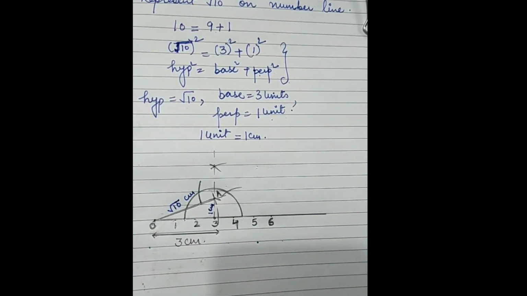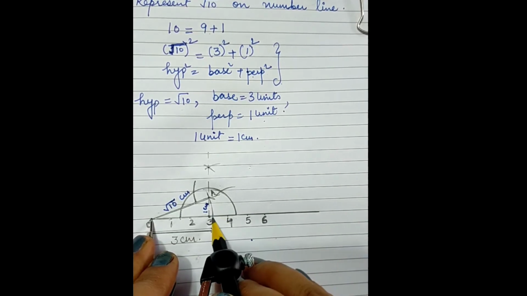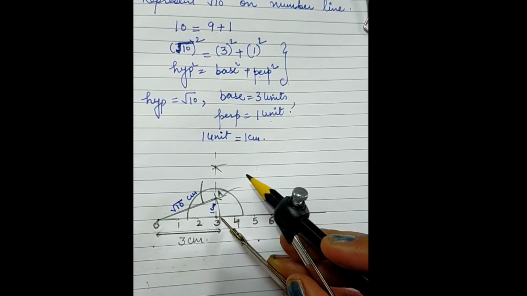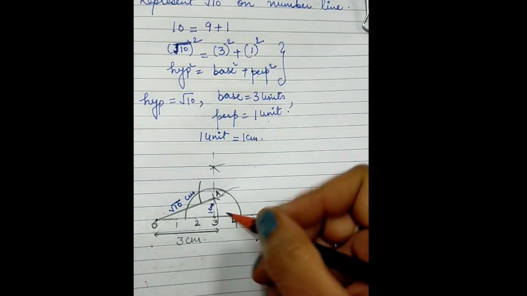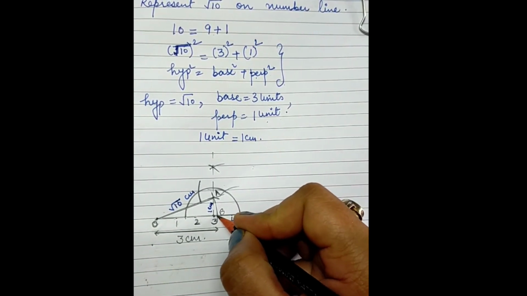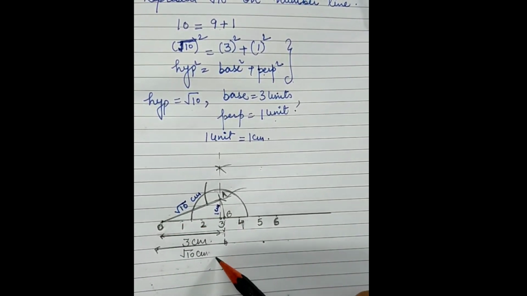Taking O to be the center, with measurement OA, we draw an arc on number line. So this is the required point. Let me name it as B. This is point B. So OB is the required length, that is root 10.